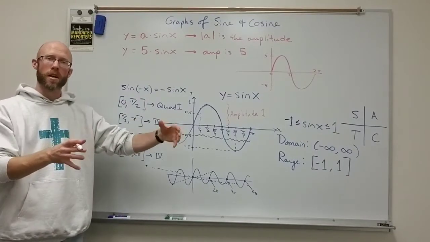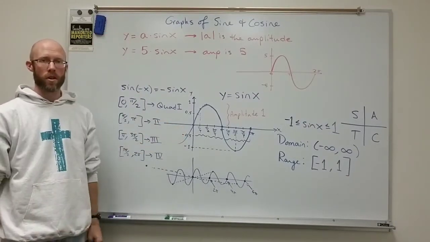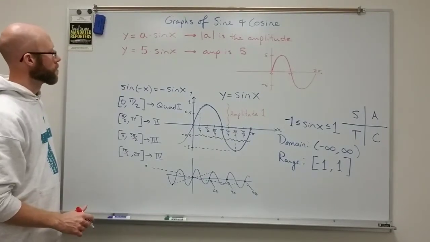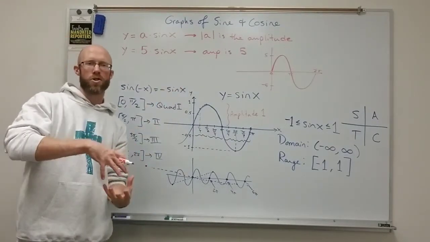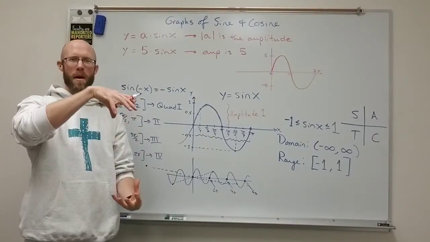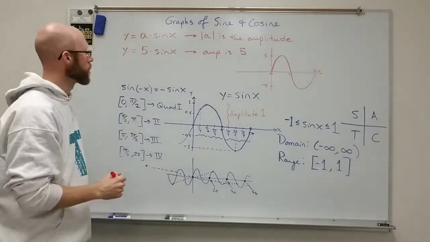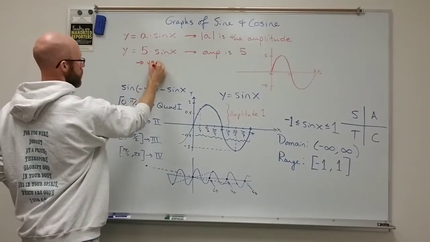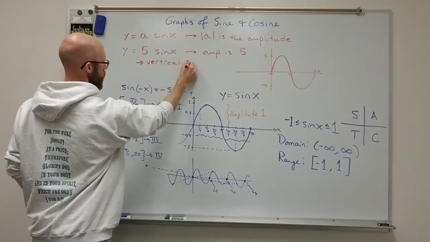Same period, but you've stretched the graph out vertically by a factor of 5. An amplitude is essentially a vertical stretching of the graph. Think of it being like an elastic, rubber band or something. You could stretch it out. So this is what we would call a vertical stretch.